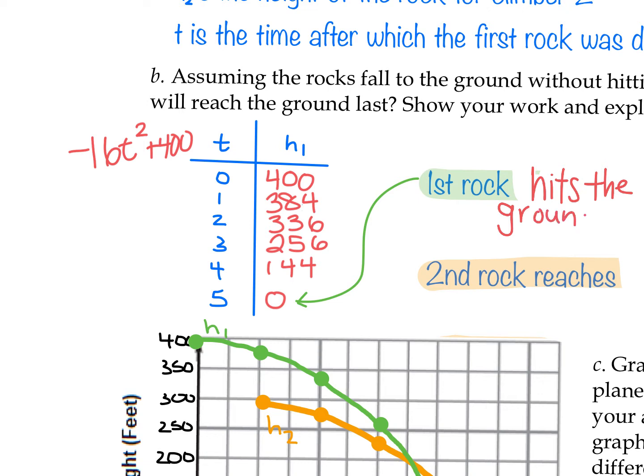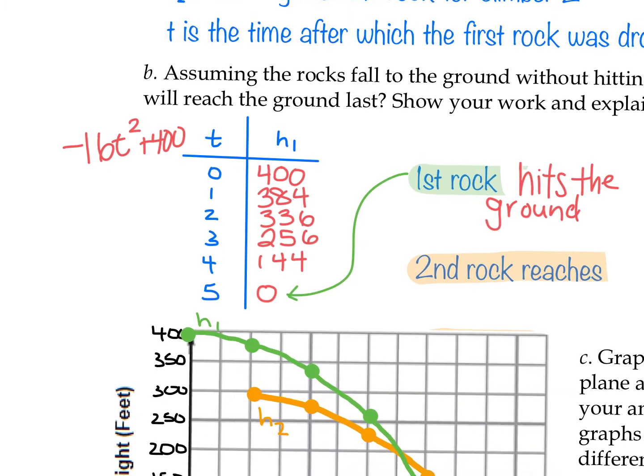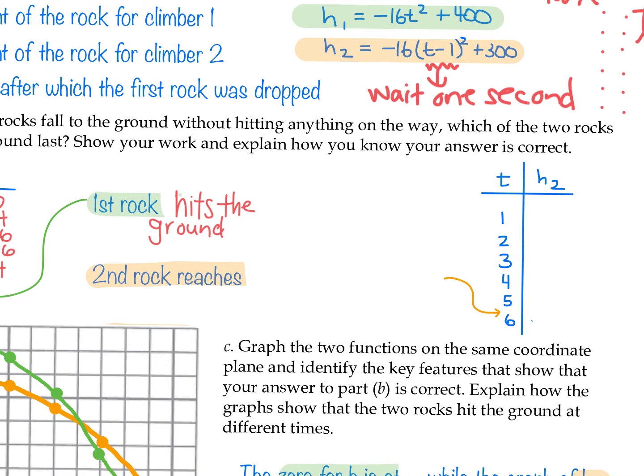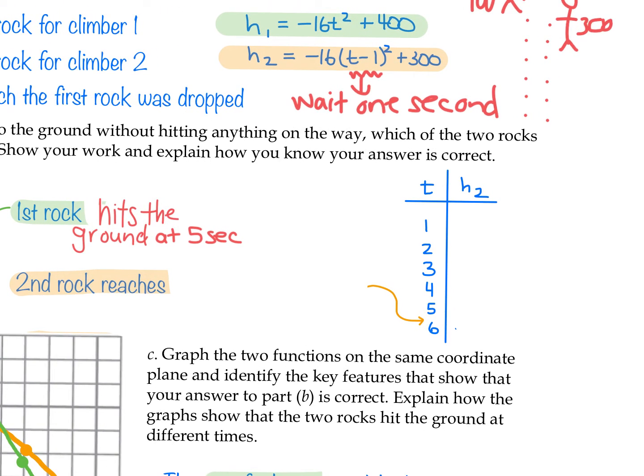So now we're going to look at a table for the second rock and see if it's before or after this first rock. So remember your second equation. So this was at 5 seconds. Your second equation was negative 16 times t minus 1 squared plus 300.